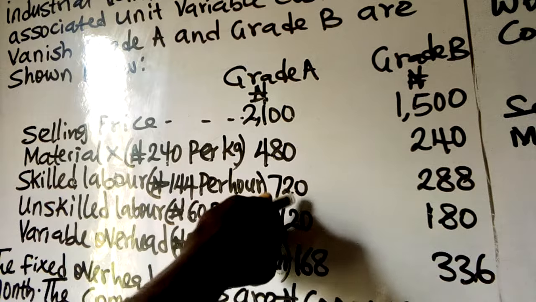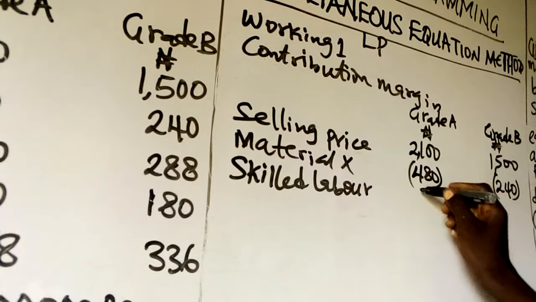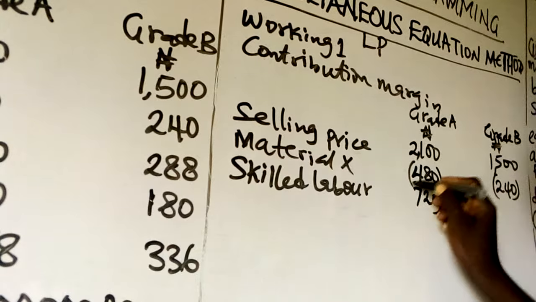We have 720 and 288 naira for grade A and B respectively.